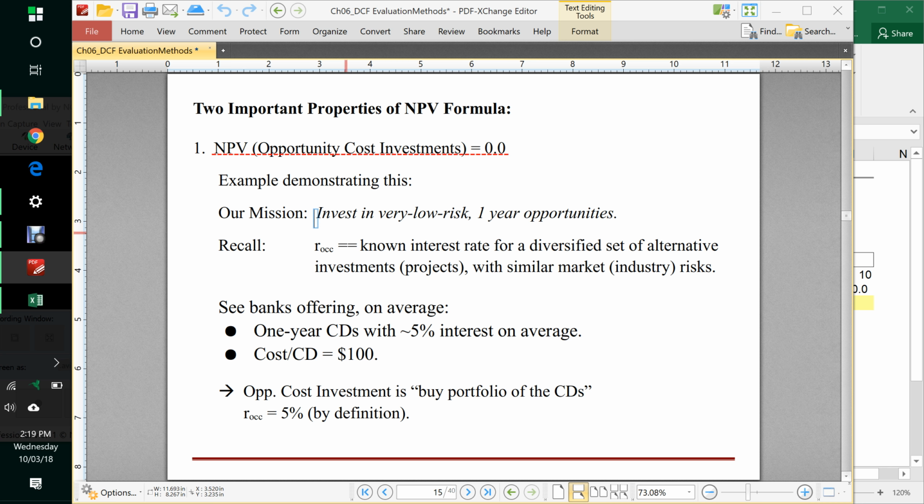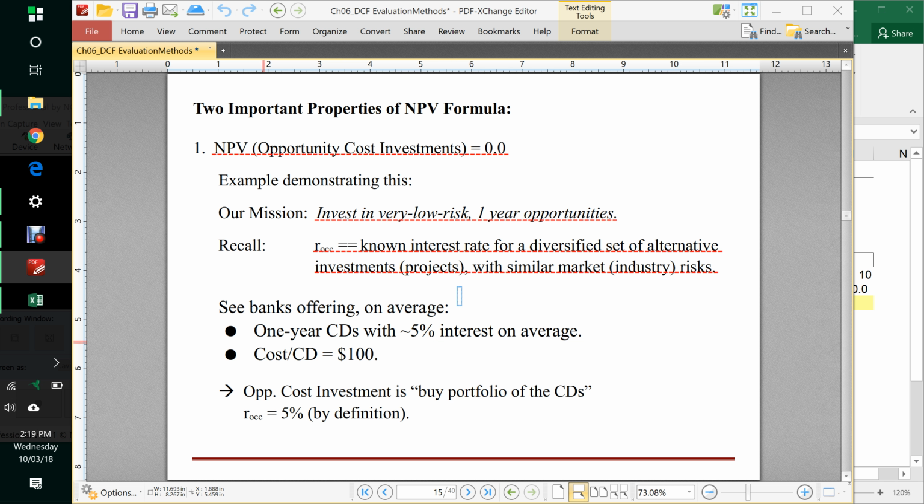So let's say our mission is to invest in very low-risk one-year opportunities, okay? So our opportunity cost of capital is going to be a known interest rate for a diversified set of alternative projects with similar market risks. So what might that be in this case?